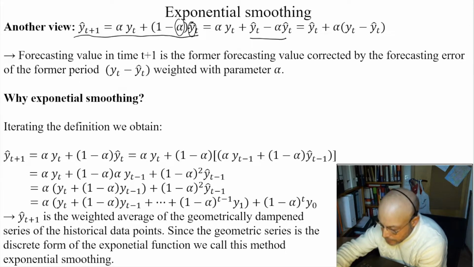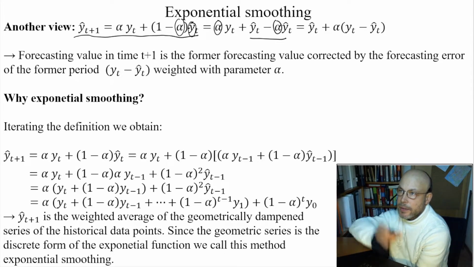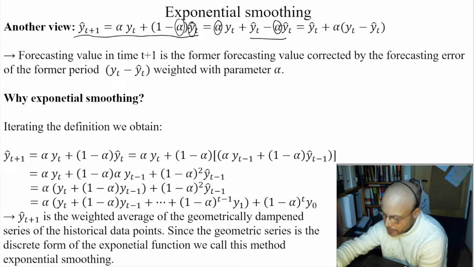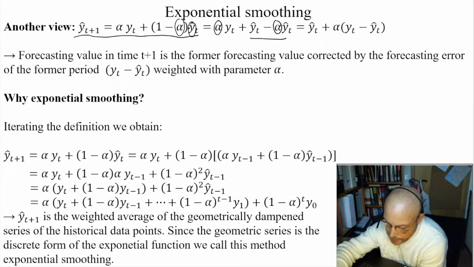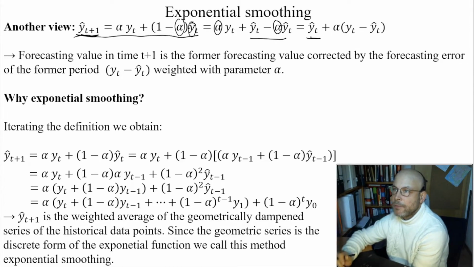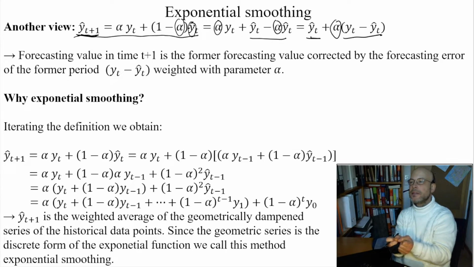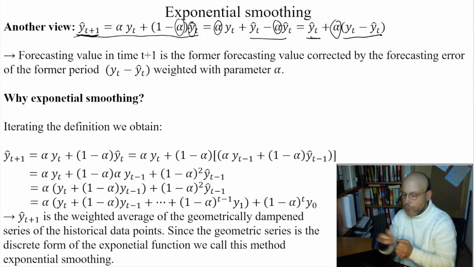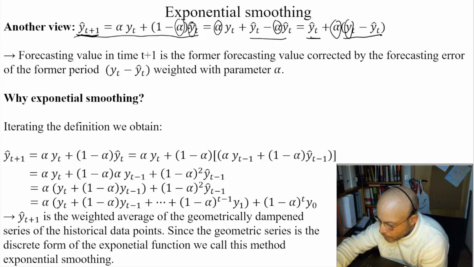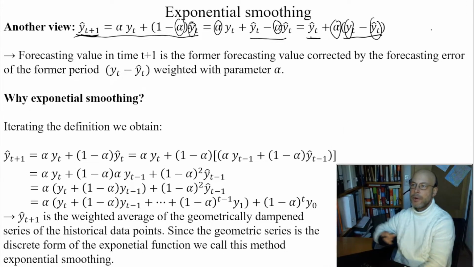And then we see we have here our alpha. So we can take this out of the brackets, and then we obtain that the forecasted value of t plus 1 equals the last forecasted value plus alpha times the difference of the true data point yt minus our forecasted data point.